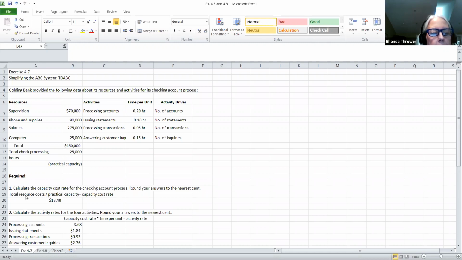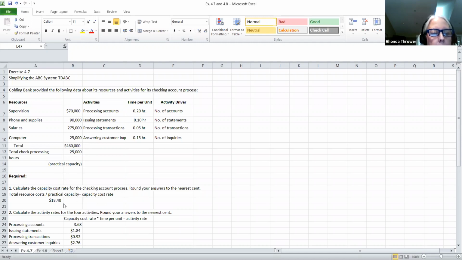We're going to divide that total overhead cost by the practical capacity, which is the total number of check processing hours that it's going to take us to process our checks through our accounts at the bank. So when you divide the total cost of overhead, $460,000, by the practical capacity that was given at 25,000, it will give you the capacity cost rate.